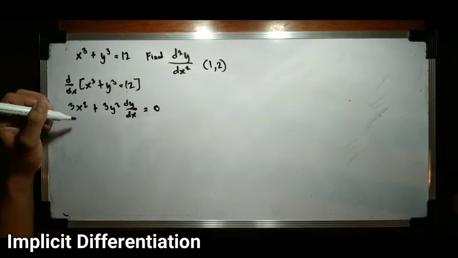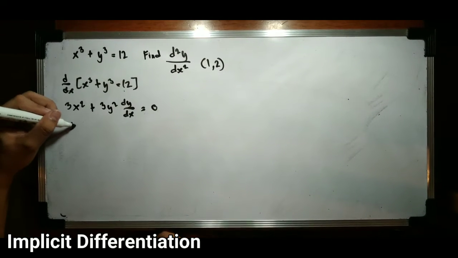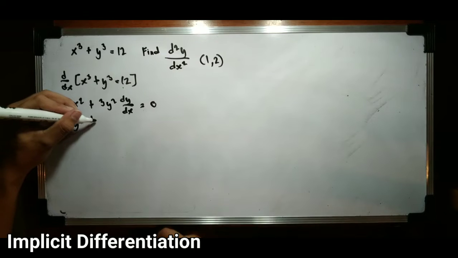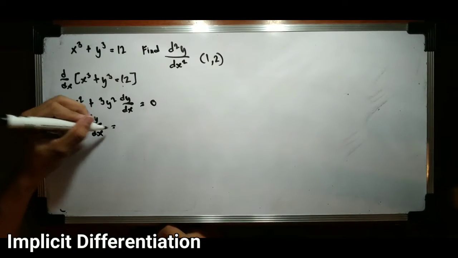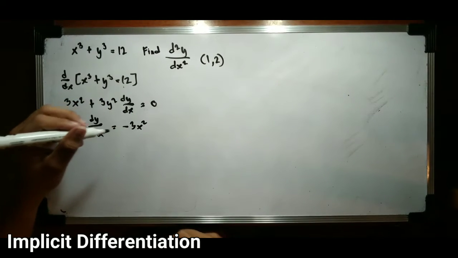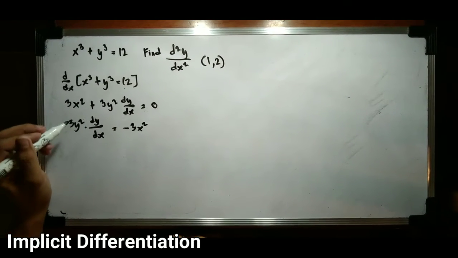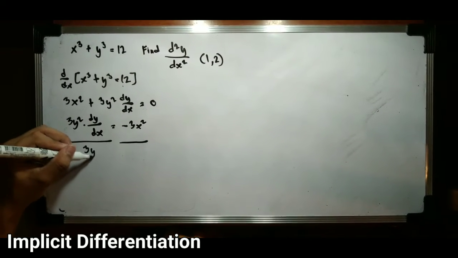So we will transpose 3x squared to the other side. So this will become 3y squared dy over dx is equal to negative 3x squared. To isolate dy over dx, we will divide both sides by 3y squared.